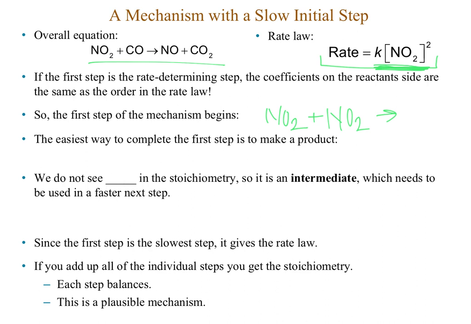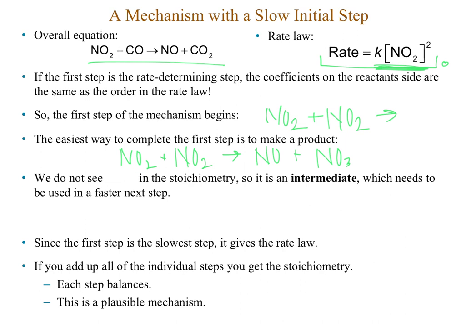So one of the possible mechanisms could be nitrogen dioxide plus nitrogen dioxide goes to nitrogen monoxide plus nitrogen trioxide. How do we know? We don't. It's just a mechanism trying to explain what we see with our rate law.